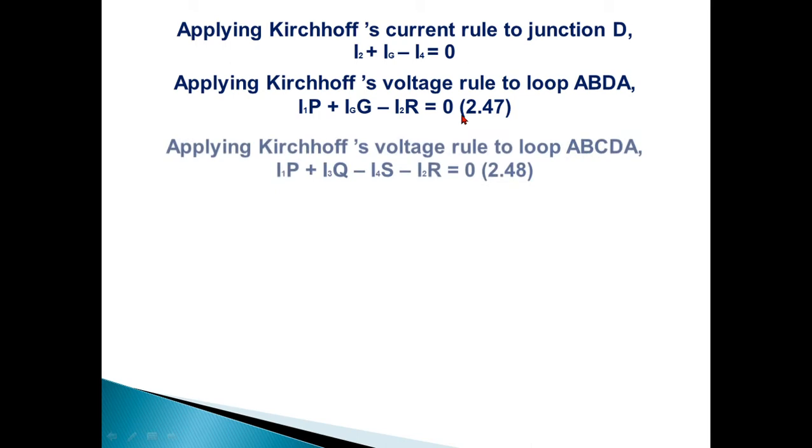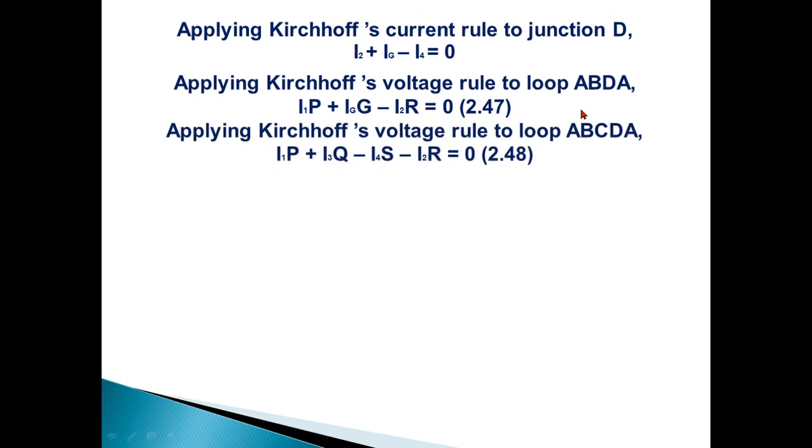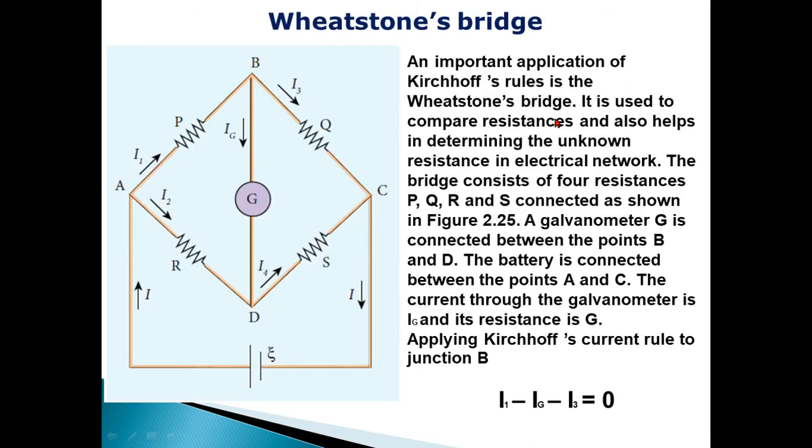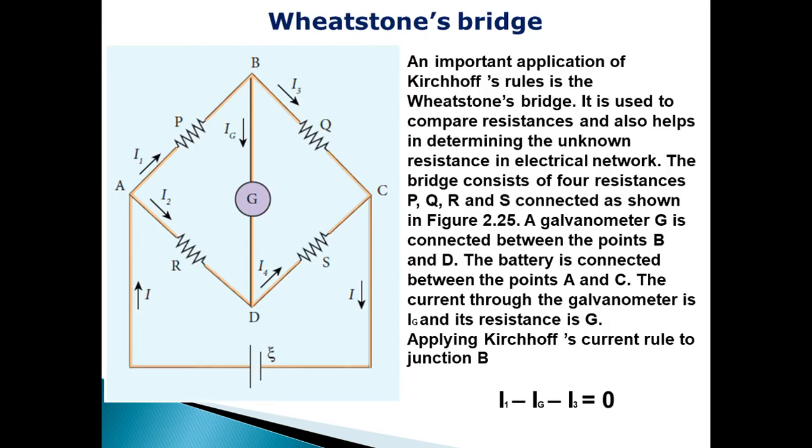Next closed circuit, A, B, C, D, A. There are 4 currents passing through this closed circuit: I1, I3, I2, I4. I1 and I3 are taken as positive because this is the clockwise direction.